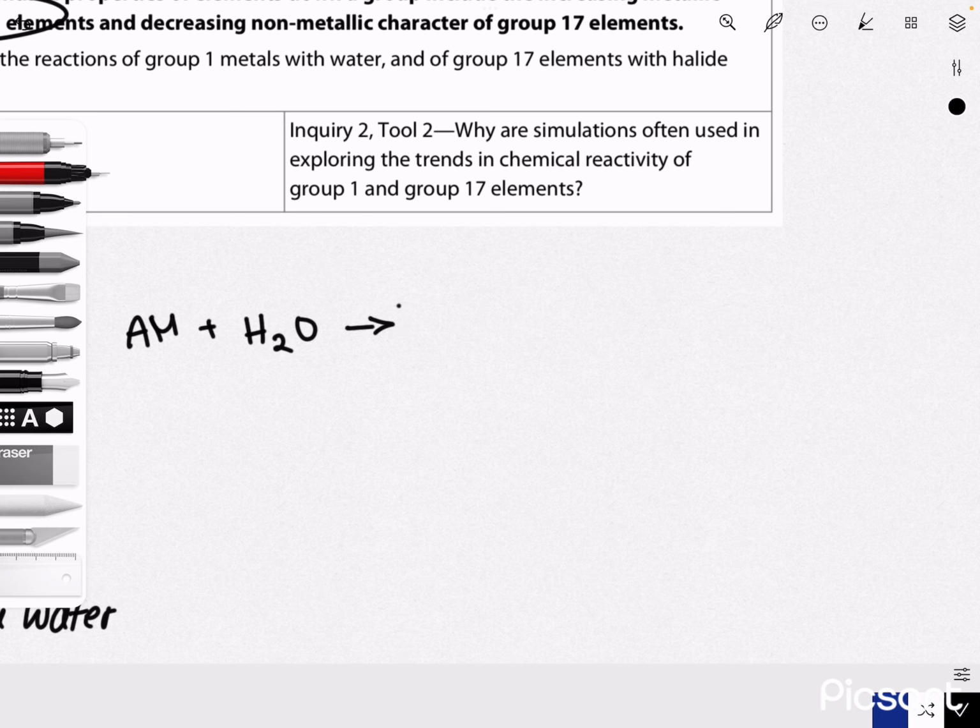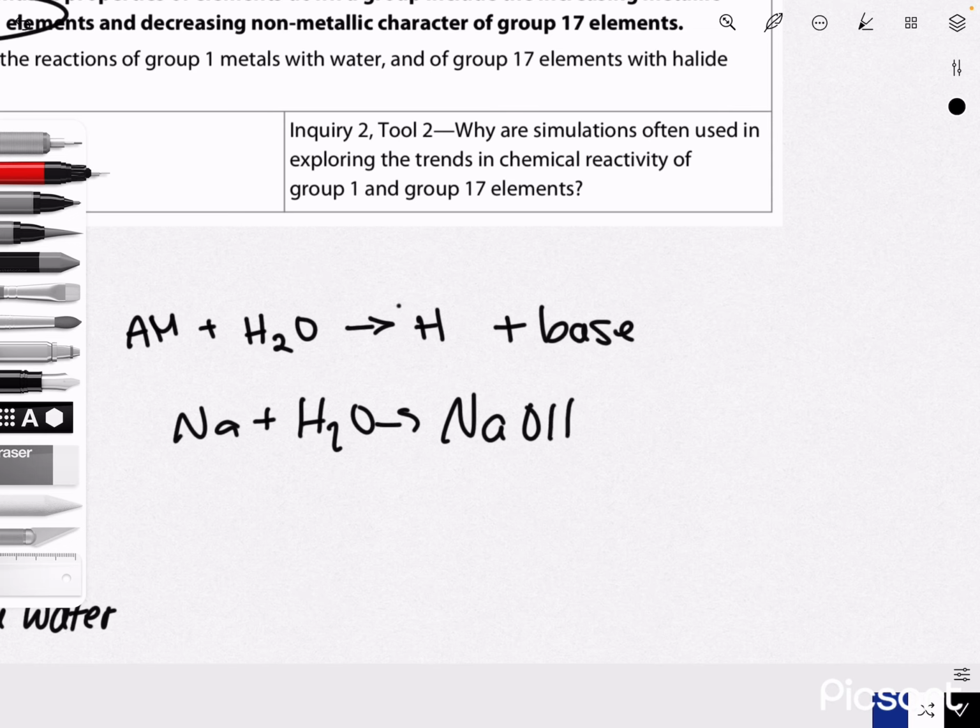But you will get a hydrogen plus a base. So this would look like, say, Na plus H. Your state symbols, can't forget those.